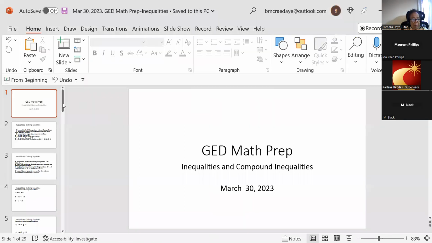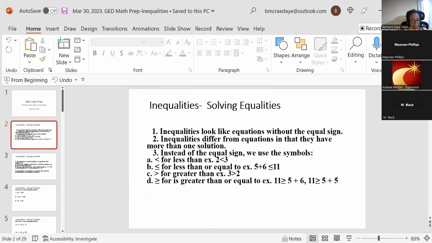All right. Now, we're not going to get the compound inequalities. We'll just stay with our inequalities. Now, this is just a review, but inequalities look like equations without the equal sign. The same operations you do on the equations you do on the inequalities.